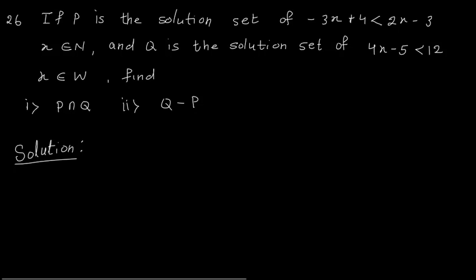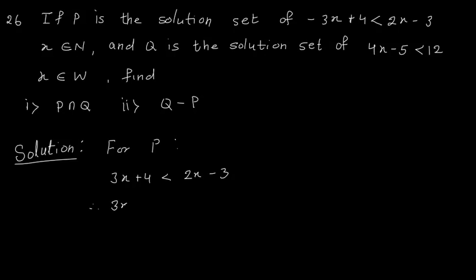So here we have, first, -3x + 4 < 2x - 3. So I will say that if P is the solution set, for set P, we have the equation -3x + 4 is less than 2x - 3.